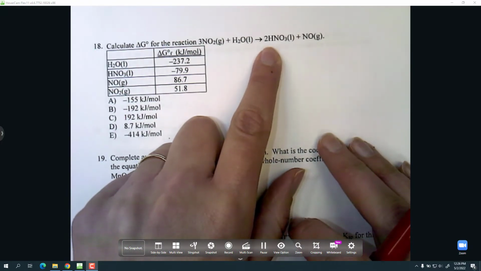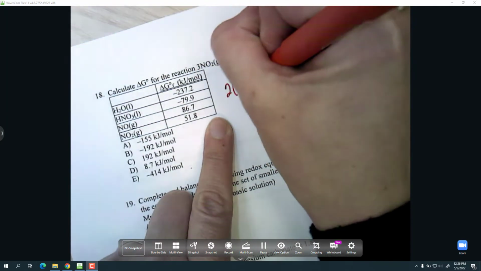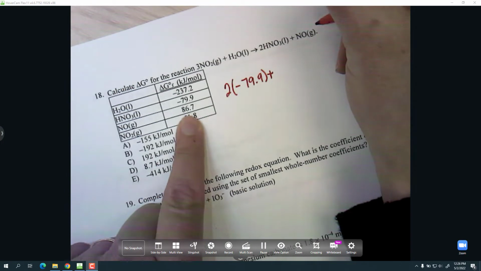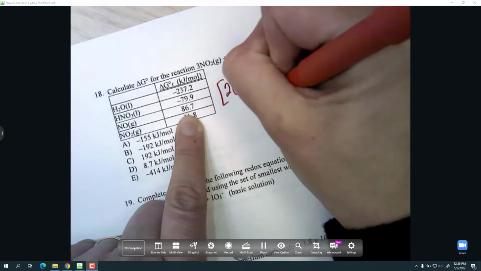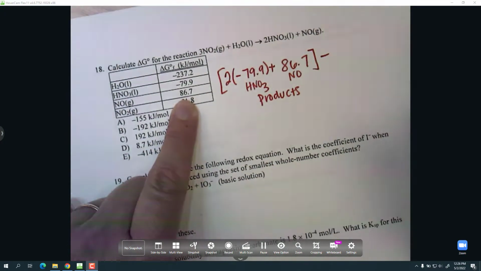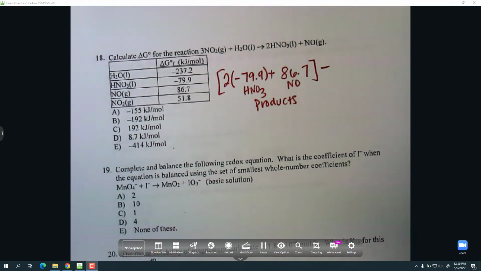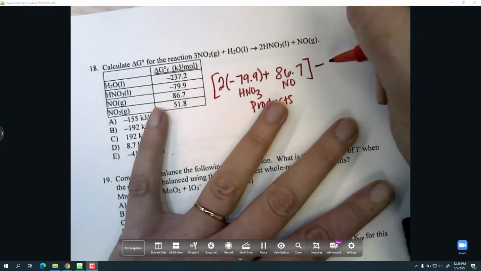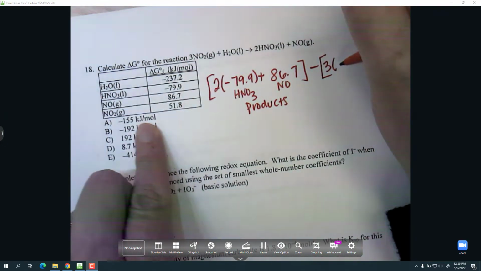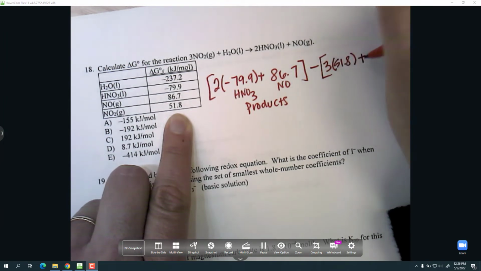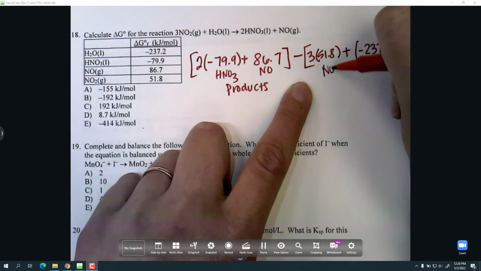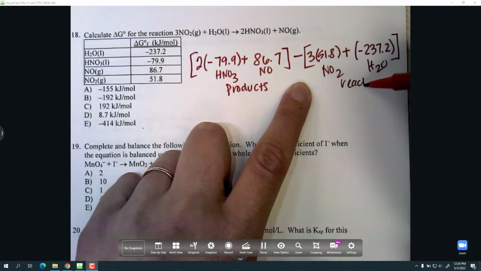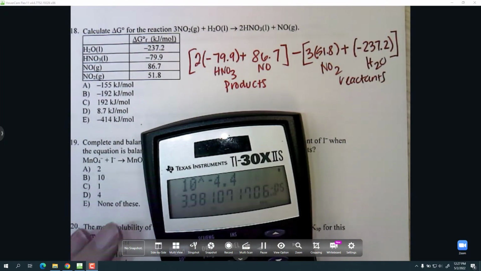Starting with the HNO3, 2 of those, 1 NO. I like to label things so that if I'm making a mistake, if my answer doesn't turn out right, I can more easily check my work, but otherwise you don't necessarily need to. 3 of the NO2s, and 1 water. As long as I put this in my calculator carefully, I should be good to go.